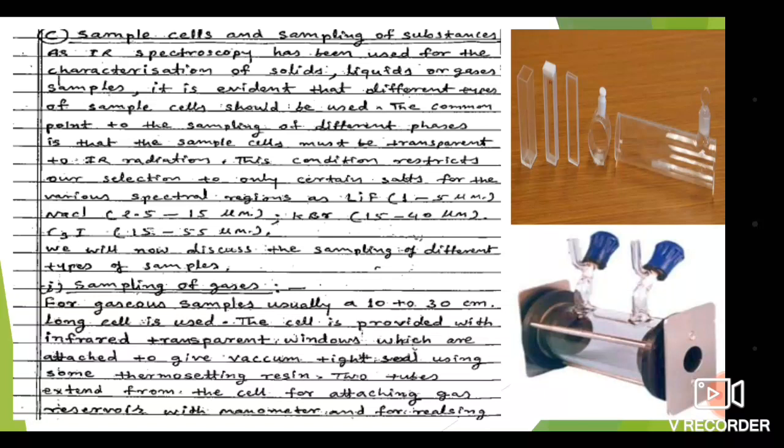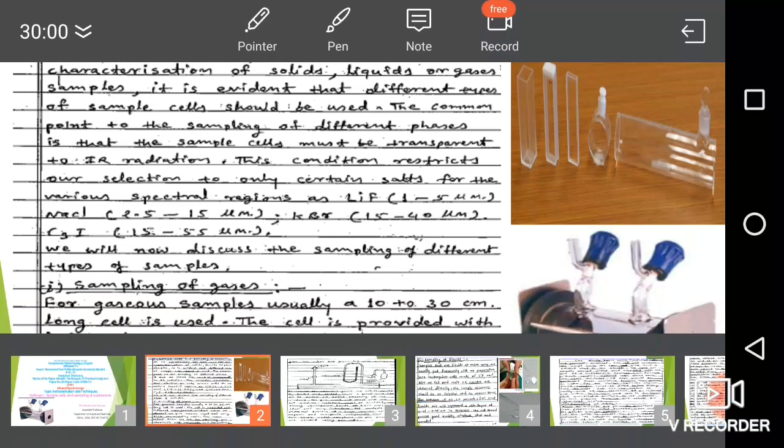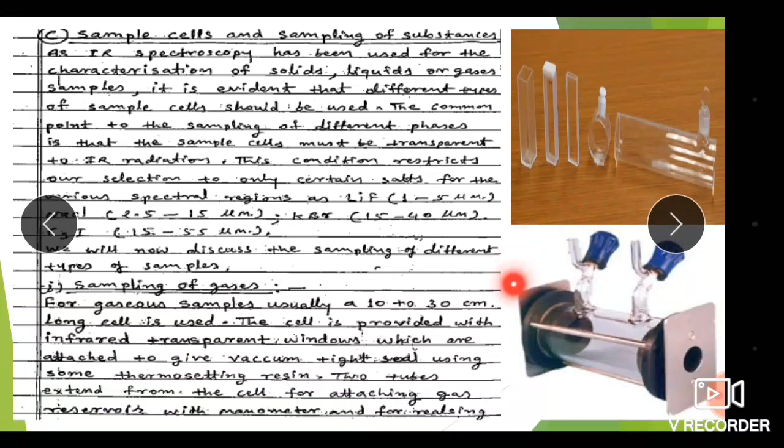The cell is provided with infrared transparent windows, which are attached to give a vacuum tight seal using some thermosetting resins. This type of cell is used for the sampling of the gases.